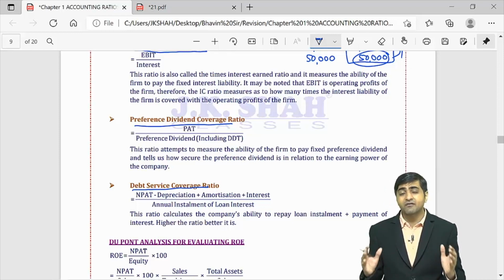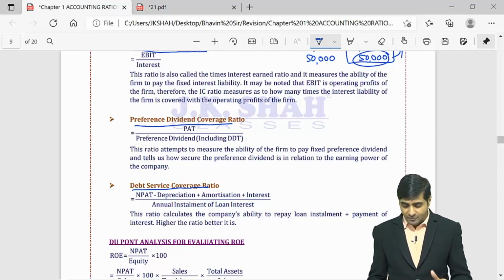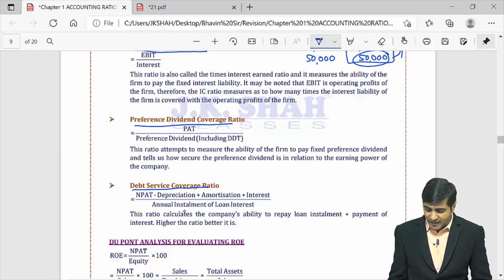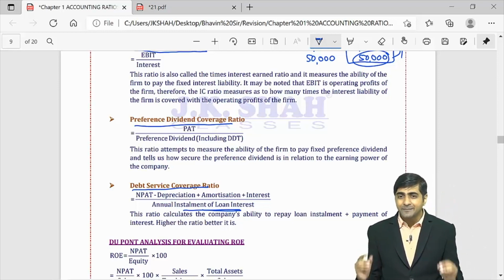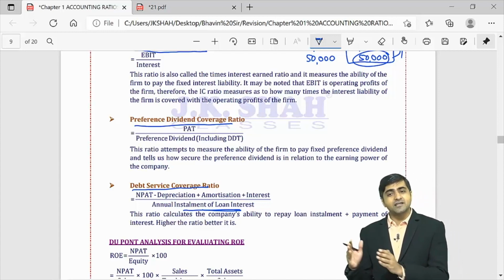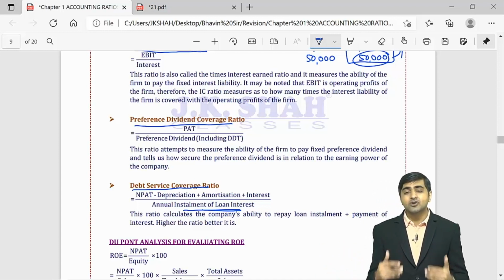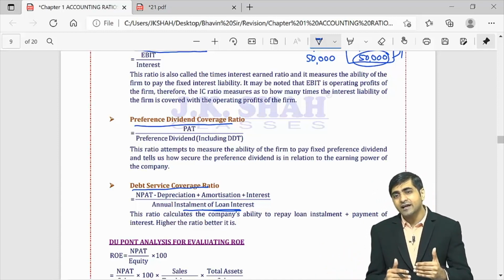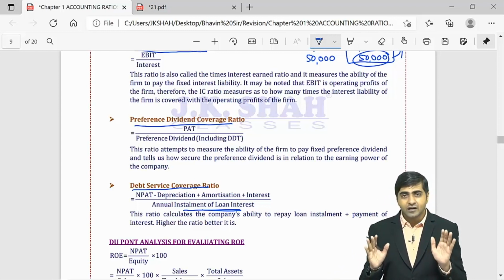So we need to check what are the funds available with us to pay the equated annual installments, which constitute your principal as well as your interest amount. So, my dear students, while calculating the debt service coverage ratio, we will take NPAT plus depreciation plus amortization plus interest, and divide that by the installment amount. If this ratio is higher, it indicates that the risk of repayment will be relatively lower.